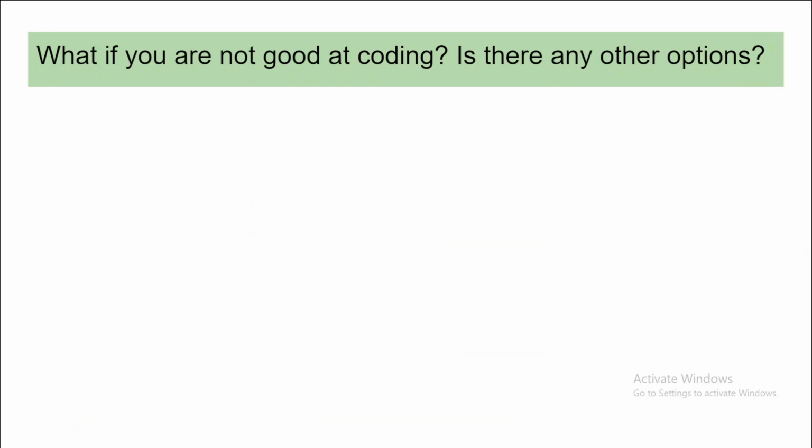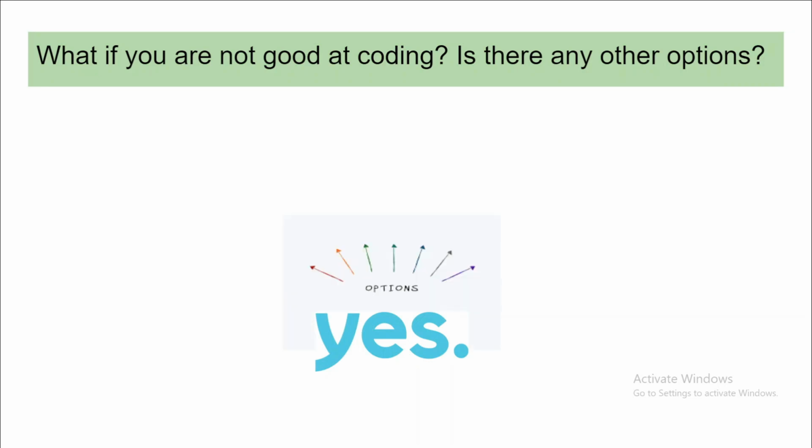For example, if you're not good at coding, so many people have asked, is there any other option? For example, I tried and found I'm not good at coding. I would say yes, there are a lot of options where coding is not required or mandatory.